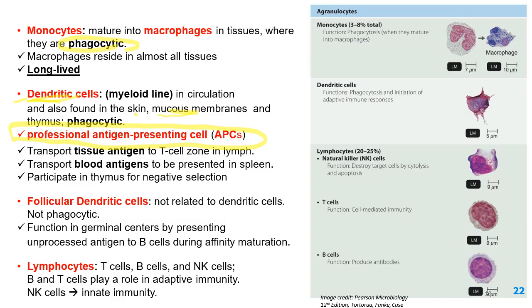You have other cells that are antigen presenting, like for example, B cells, okay? But dendritic cells, they are much better. They are professional. They went to school only to become presenting cells, right? So dendritic cells are really the important one, okay? What do they do?